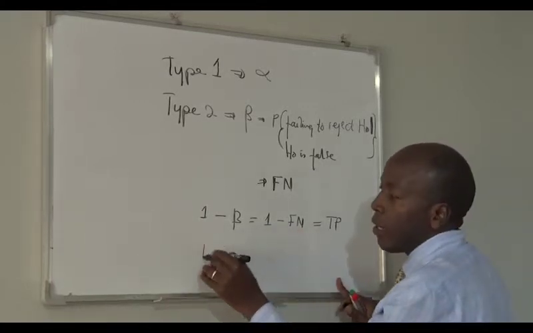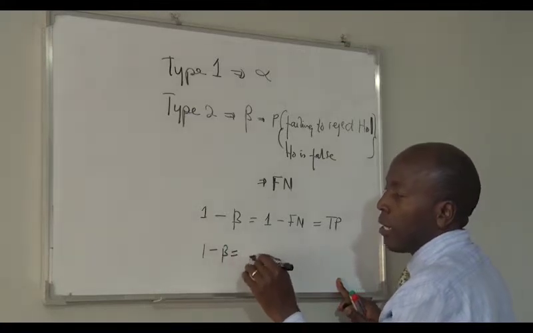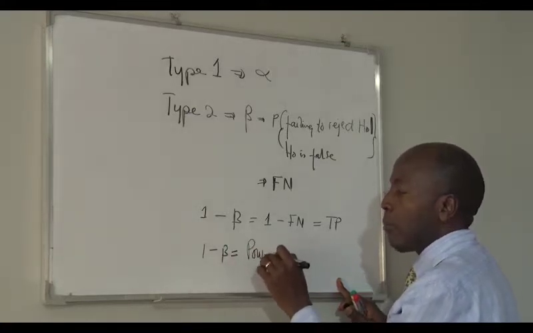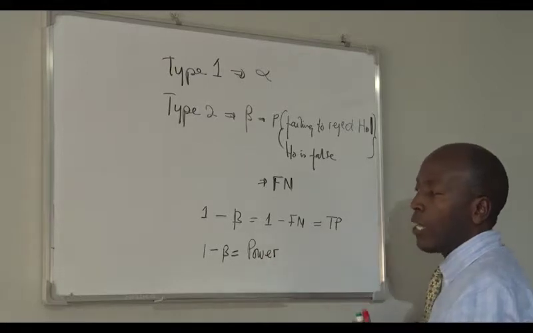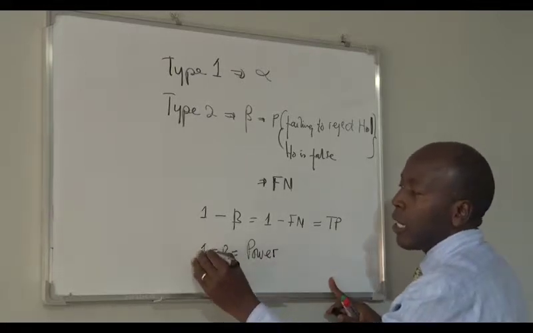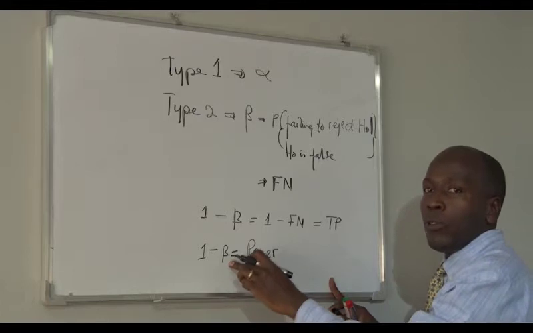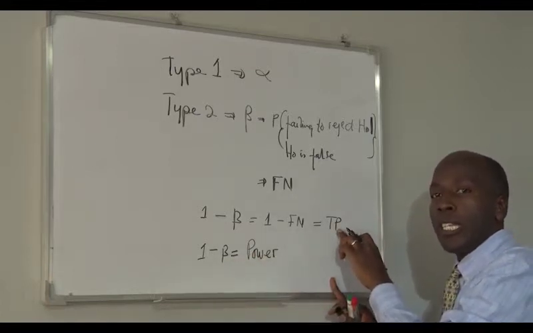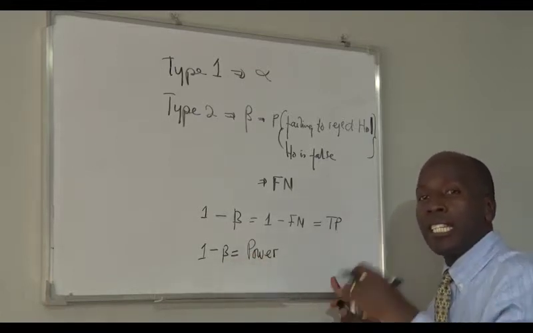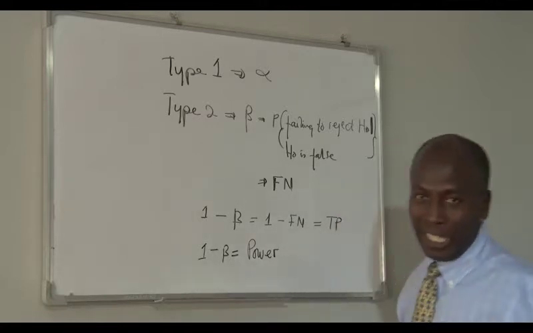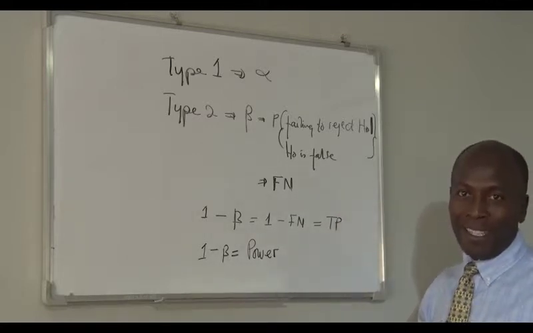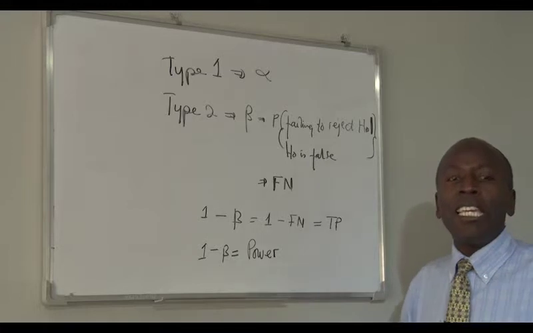So 1 minus beta is what we refer to as the power of the study. And why? Because it represents the probability of the study to find a true positive result when indeed the result is true positive. That is the power of the study. Its ability to find a positive result when in actuality the result is positive.